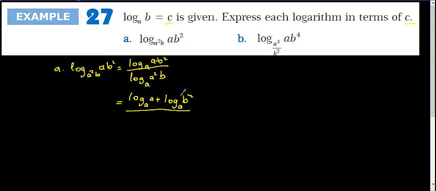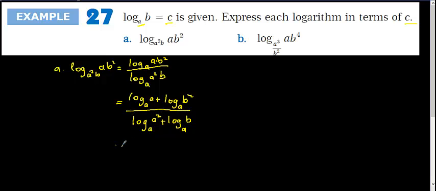Again, I'm repeating this part. Beware choosing the base a here, the common base a, because in the question it is in terms of a. So down, logarithm base a of a square plus logarithm base a of b. Here it is a square and b.